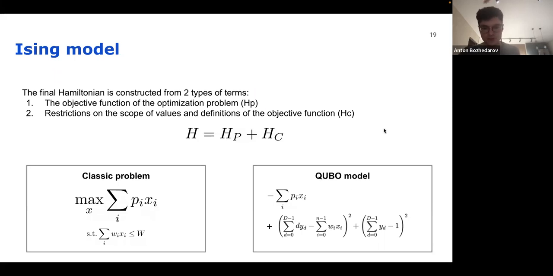And here I will show the QUBO encoding of this bin packing problem. The first target cost function corresponds to the binary variable here, and you can see the binary variable on the left side with the classical problem.